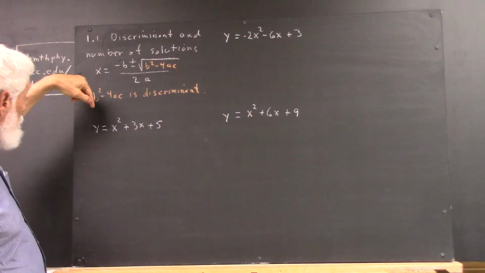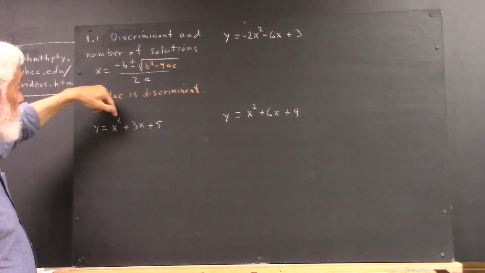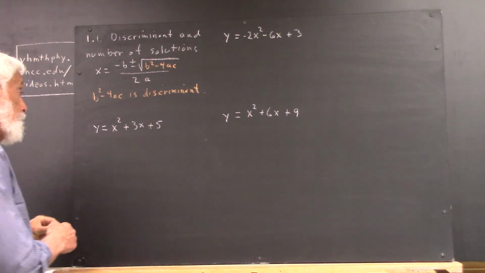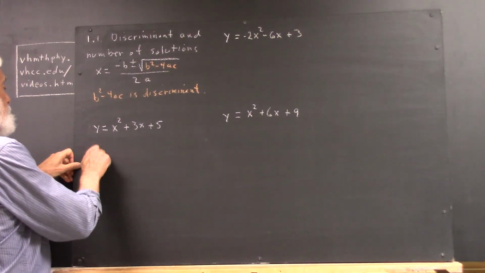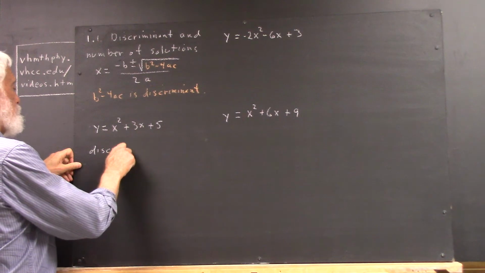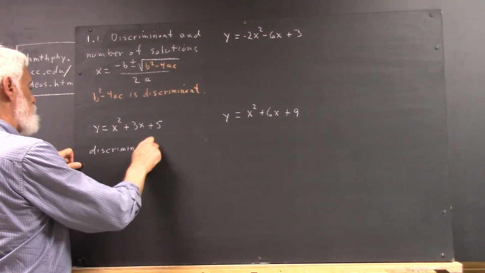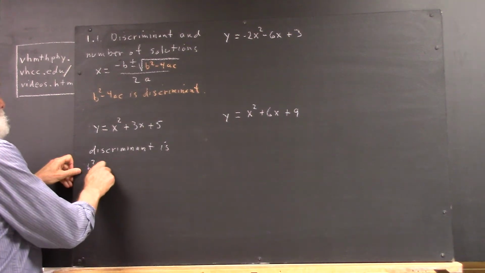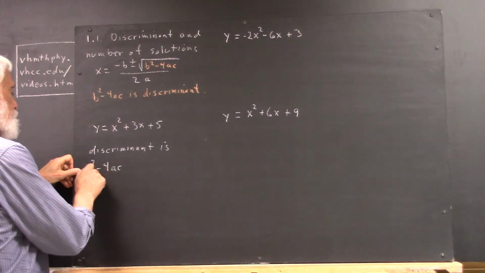Let's take the equation y equals x squared plus 3x plus 5 and first see what the discriminant is. The discriminant is b squared minus 4ac.